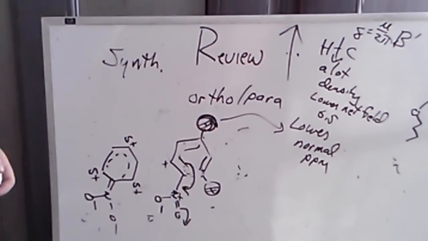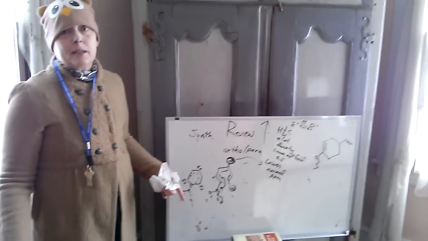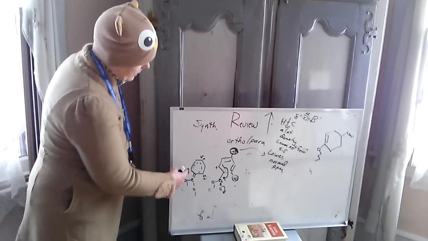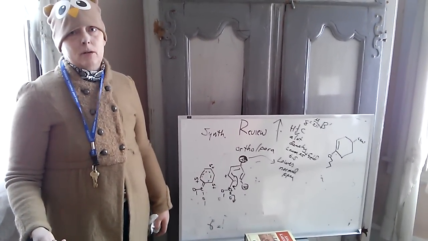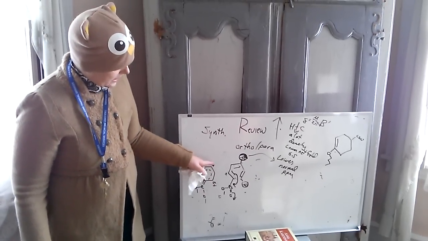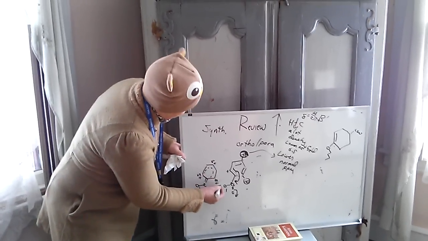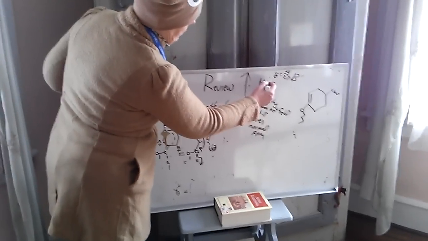And you should be getting to a point where you can draw some hybrids. But the point is, this is the opposite effect. What's going to happen here is there's going to be low electron density in the vicinity of the hydrogen. That means this vector is going to be smaller.